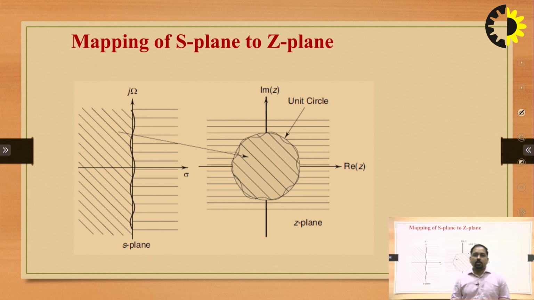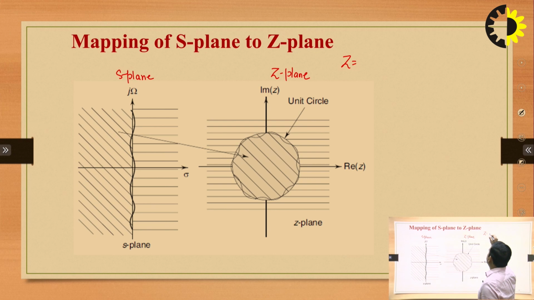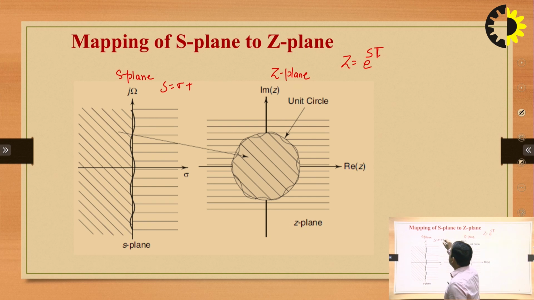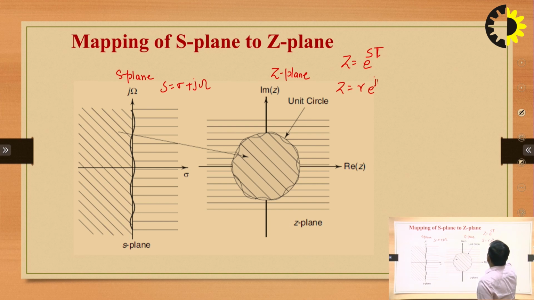Now we have the mapping. This is quite important. To the left, we have the S plane, and to the right, we have the Z plane. Later on we'll see that Z equals e raised to the power ST, where T is capital T. Now, S equals sigma plus j omega, whereas Z equals r e raised to the power j omega.